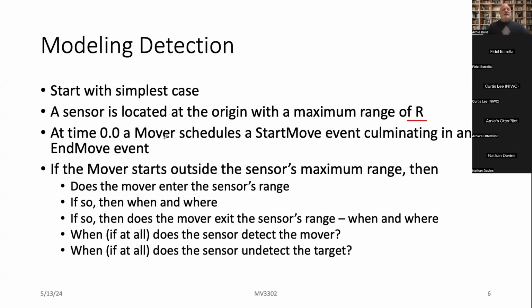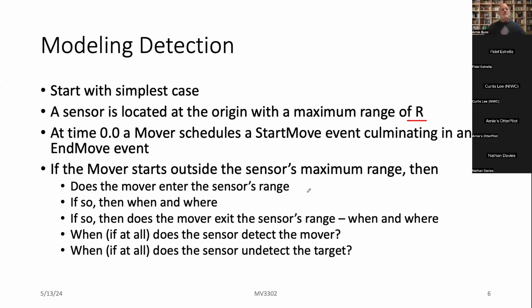So our basic canonical situation is that at time 0, we have a mover, and it's going to schedule a start move event, which is going to schedule some end move event. And let's say that the mover starts outside the sensor's maximum range, just as an example.